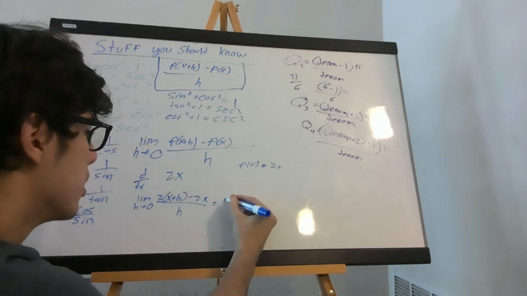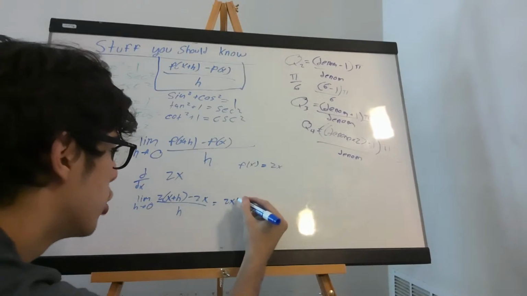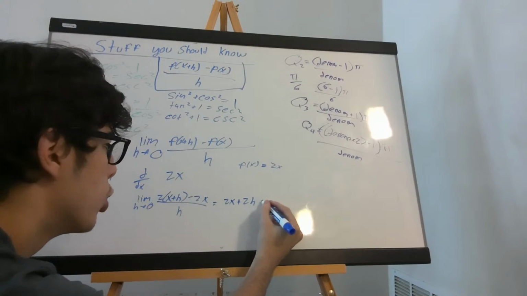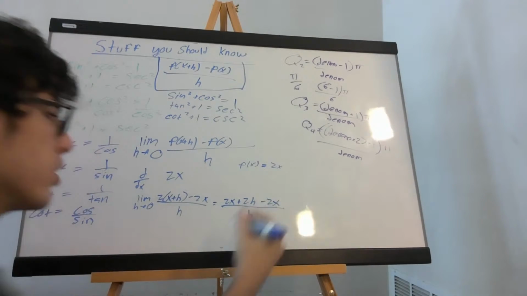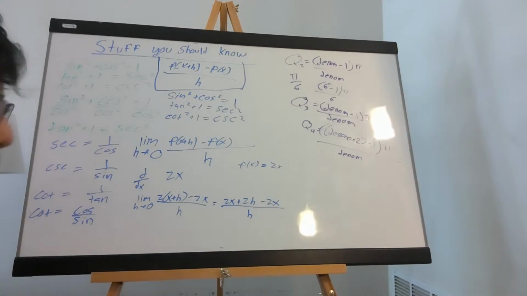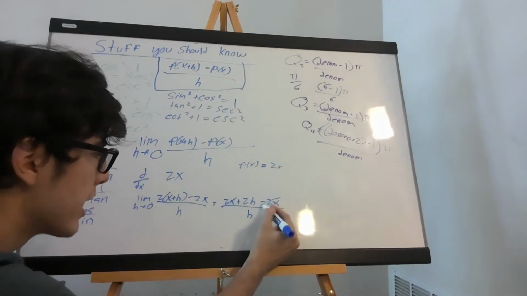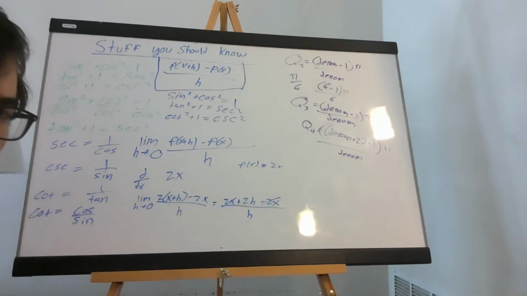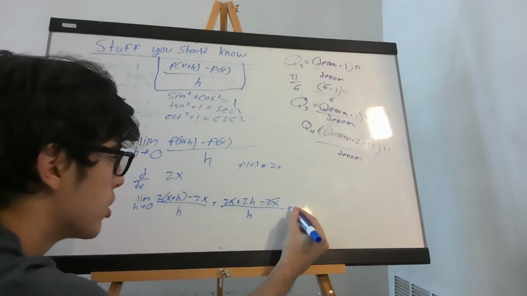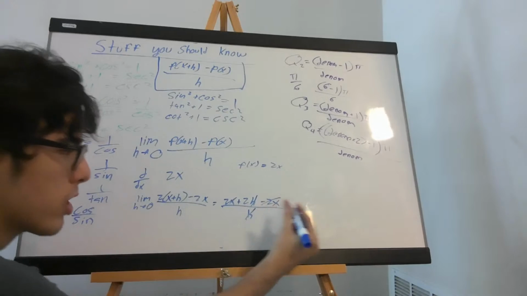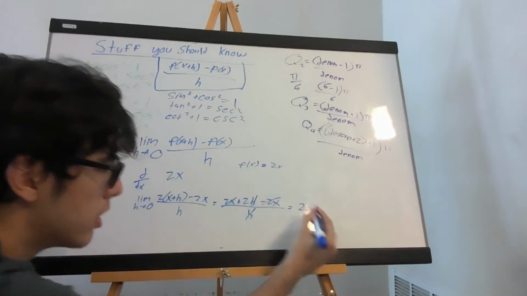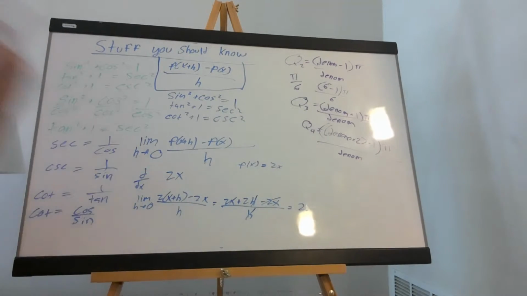We're going to get 2x plus 2h minus 2x all divided by h. So now we're going to cancel like terms up top. We'll do 2x, negative 2x, because 2 minus 2 is 0, which will just give us 2h over h. That's division, so that will cancel, and we'll get 2, which is indeed the derivative of 2x.